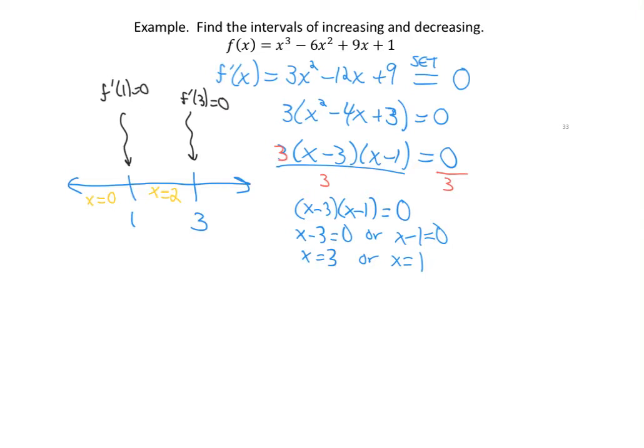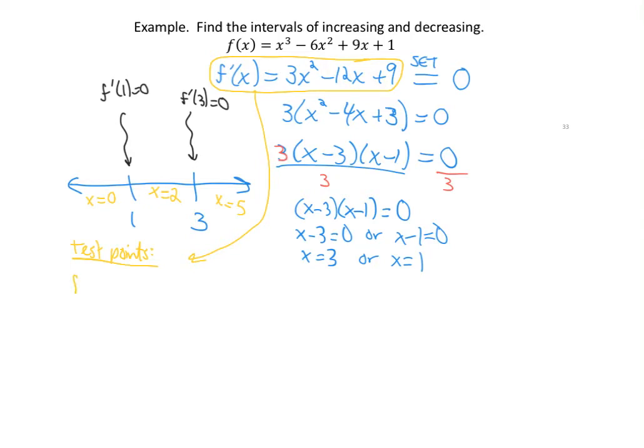I could have picked 1.7 or square root of 3 or square root of 2, but I pick x equals 2 because it's relatively straightforward. And then I'll pick, let's say, x equals 5 for the region to the right of 3. After I get my test points, I plug them into the derivative function.